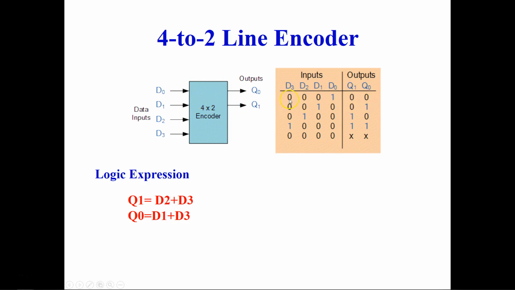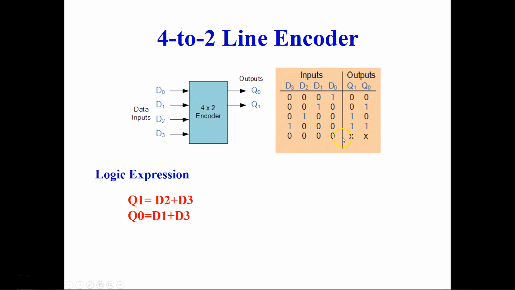When you send D1 as 1 and the rest of them are 0, the output will be 01. When you send D2 as your input and the rest are 0, it is 10. And when D3 is activated, your output is 11.